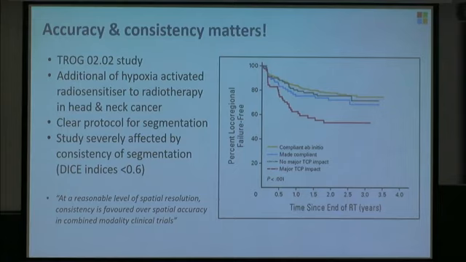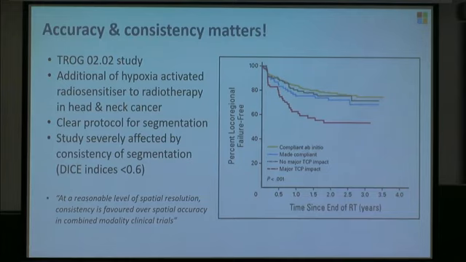They were looking at adding in a hypoxia sensitizer that enhances the sensitivity of the most resistant part of the tumour to radiation. Radiation requires the presence of oxygen to persist its damage to tumours. So the study basically was not about the radiation, and they created a very clear protocol of what they wanted to do for the segmentation. The hypothesis is, does adding in the tirapazamine improve survival?